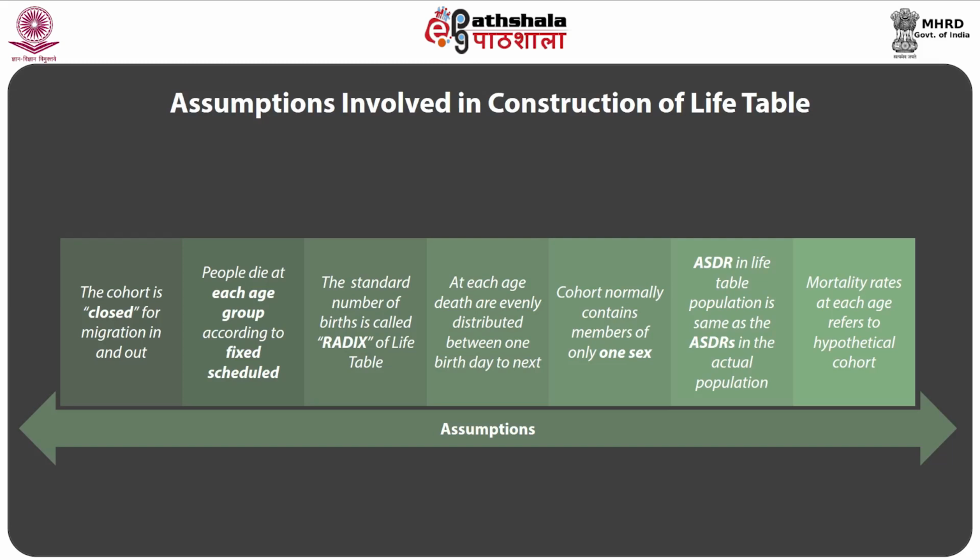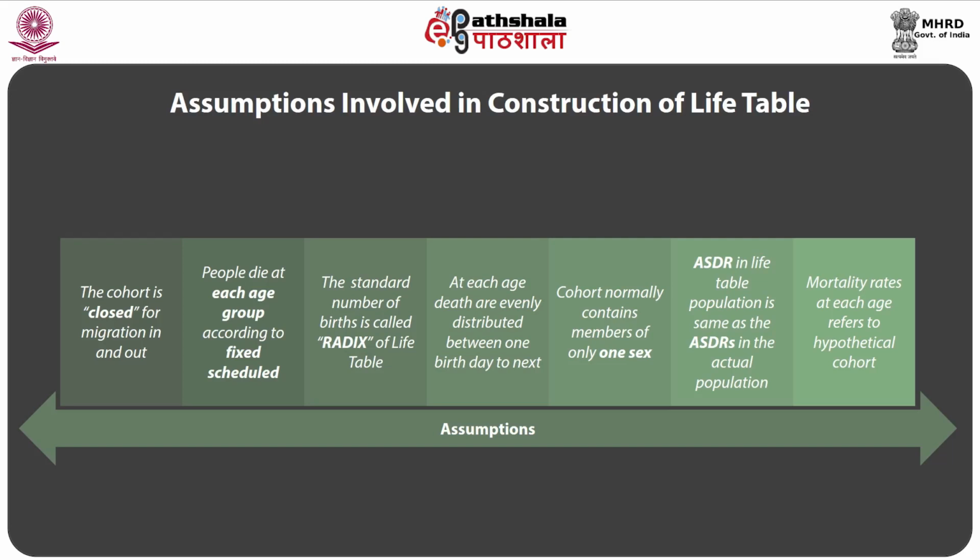Another assumption is that deaths at each age are evenly distributed between one birthday and the next, except at the initial age 0 to 1 and the last age, that is 60 plus, 80 plus, etc. The cohort normally contains persons of only one sex, that may be male or female.